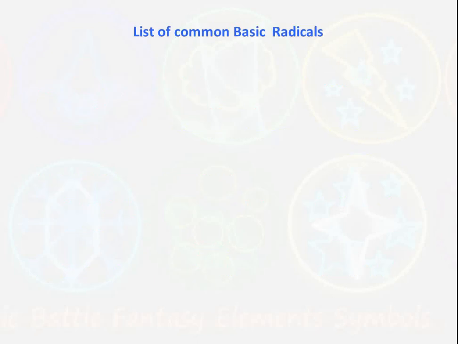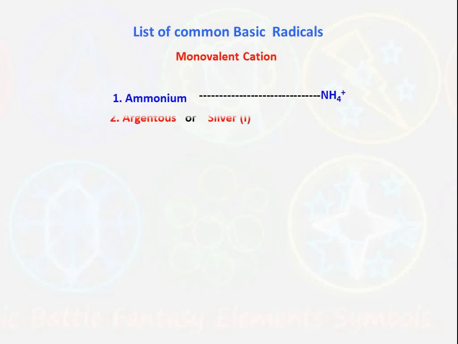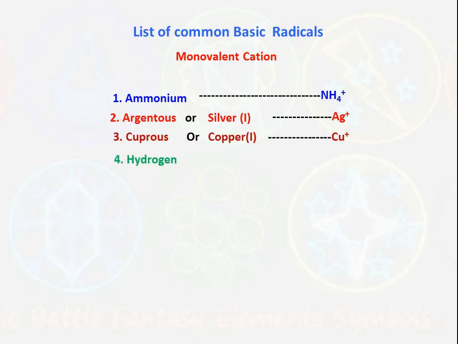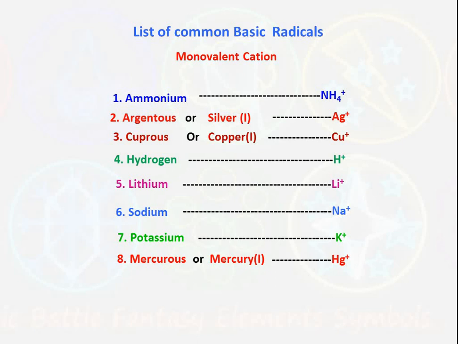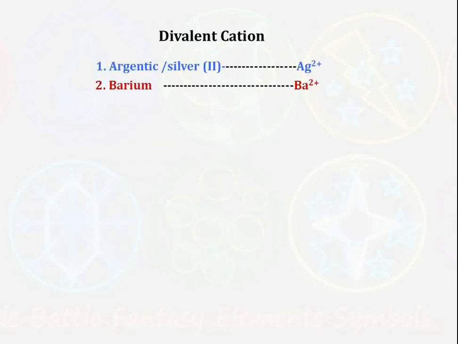Next, a list of some important basic radicals: ammonium ion NH4 positive, Ag positive, Cu positive, hydrogen H positive, lithium, sodium, potassium, mercury, all of which have a positive charge. Divalent means those which contain two positive charges.